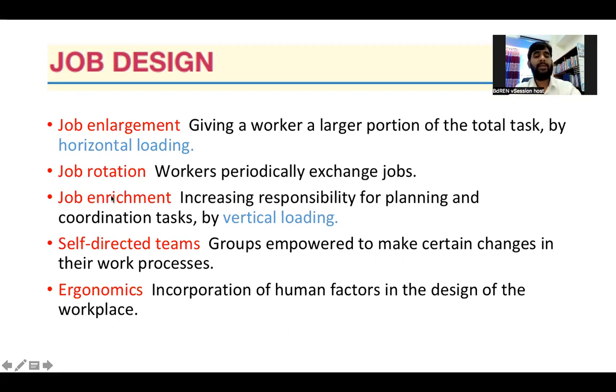Or we refer to it as giving challenging jobs. Planning and coordination is challenging. And an example will make it clear. Say for example, you are working in Bangladesh at this moment. A more concrete example is BAT, or British American Tobacco Bangladesh. Their management system is that you can work here, and sometimes you may be transferred from here to another country.